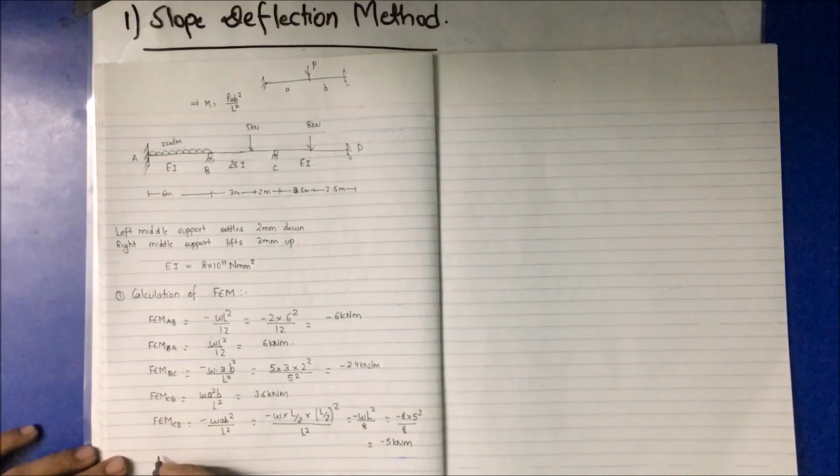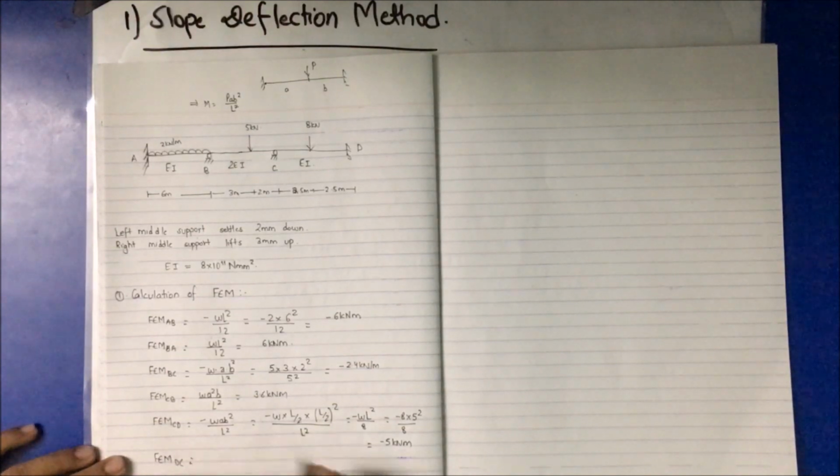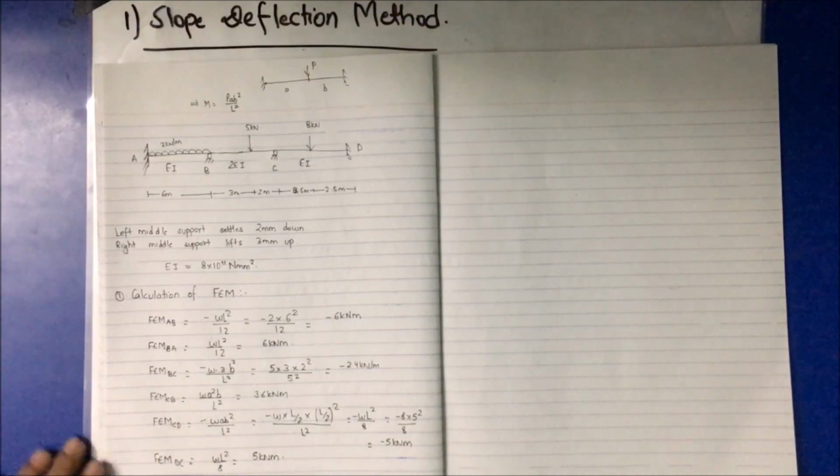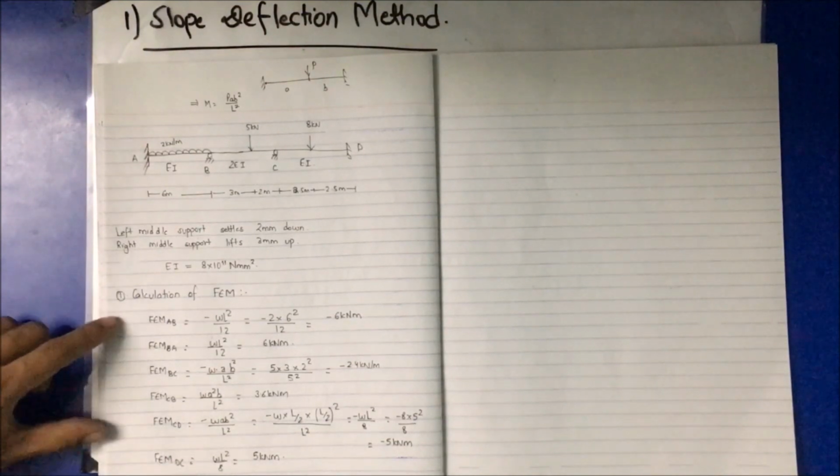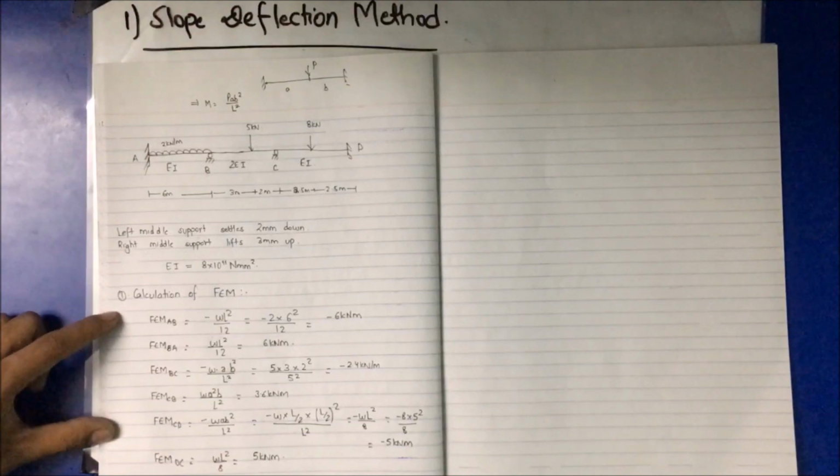For DC it will be same, just with a negative sign being removed, we get 5 kilonewton meter. Okay, so the very first step, that is calculation of fixed end moment, is done.